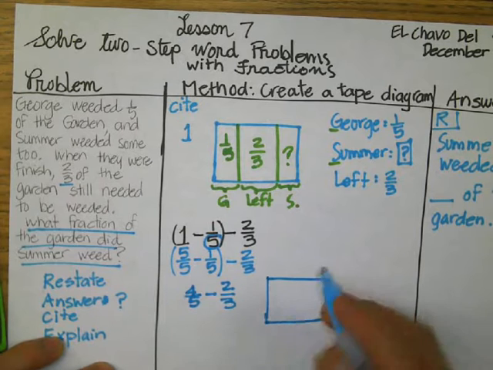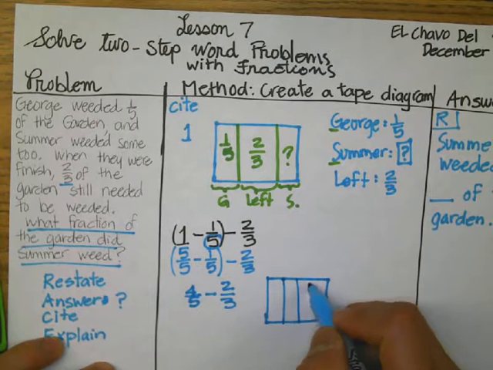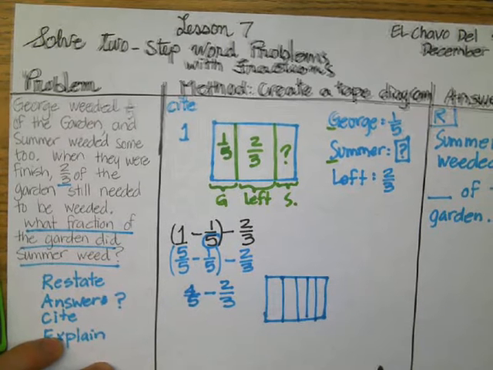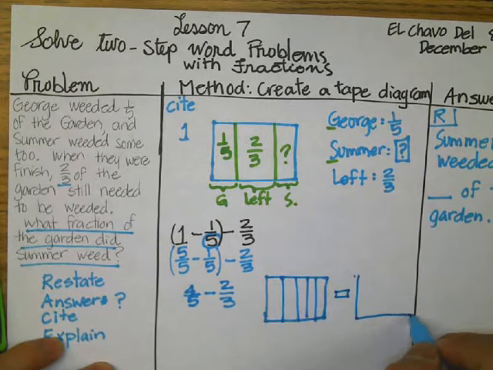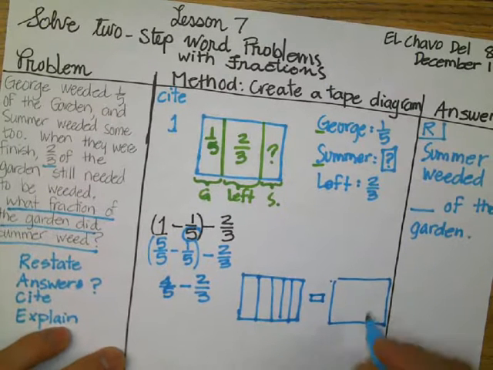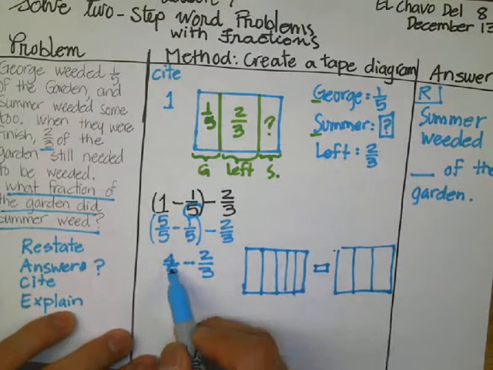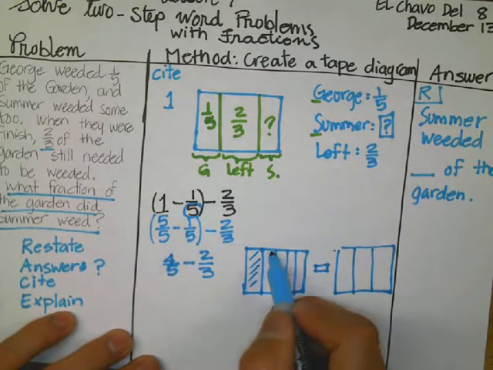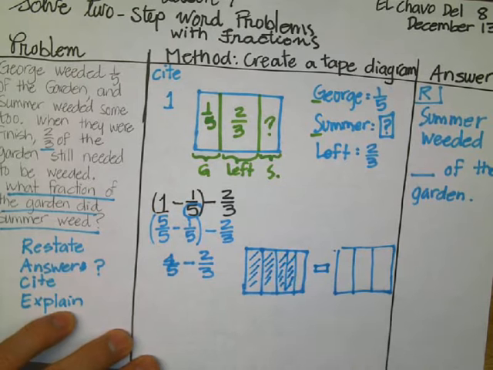How many parts? 1, 2, 3, 4, 5. And the second one, after the minus sign, will be divided into thirds. 1, 2, 3. So 4 are shaded in the 4/5, and on this side 2 are shaded.